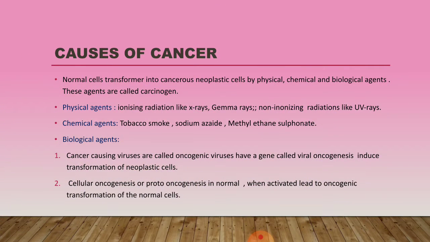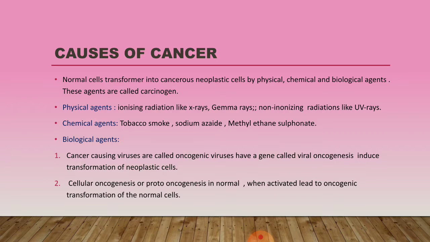Causes of cancer. Normal cells transform into cancerous neoplastic cells by physical, chemical, and biological agents. These agents are called carcinogens. There are three agents in cancer: physical agent, chemical agent, and biological agent. Physical agent: ionizing radiation like X-rays, gamma rays, and non-ionizing radiation like UV rays.